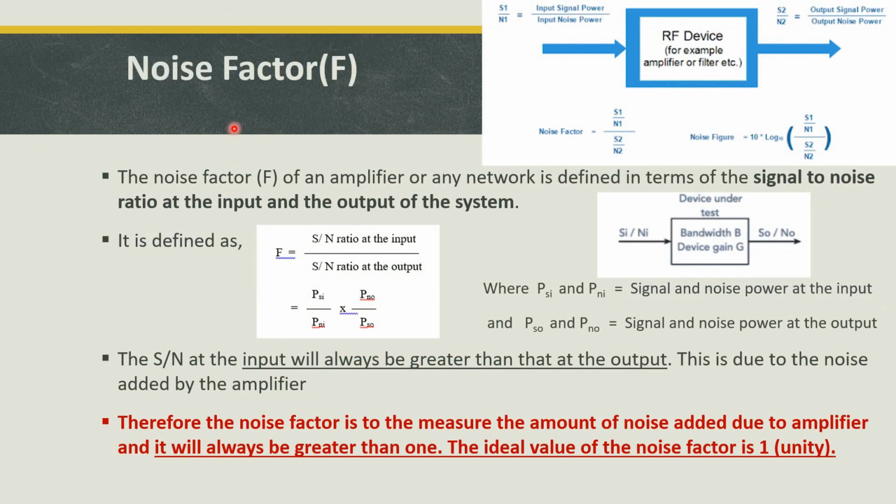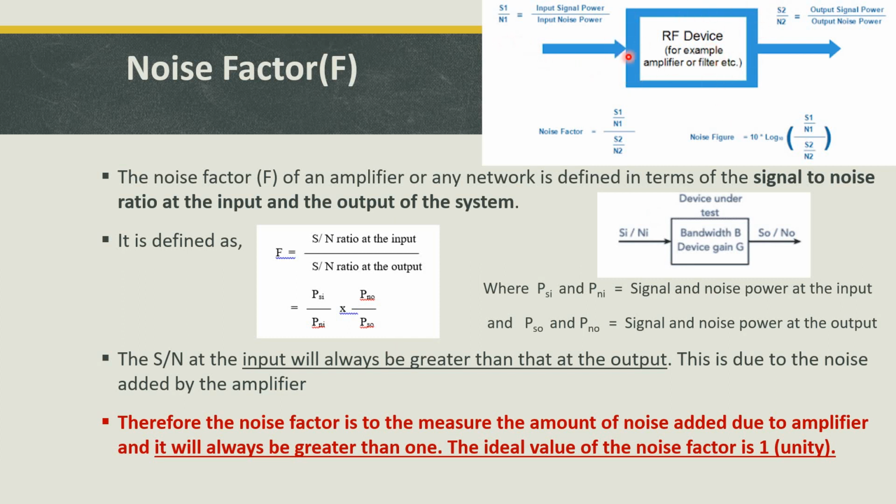Then noise factor. The noise factor of an amplifier or any network is defined in terms of the input signal to noise ratio and output signal to noise ratio. By using this factor, we are able to calculate the noise introduced because of the amplifier alone.